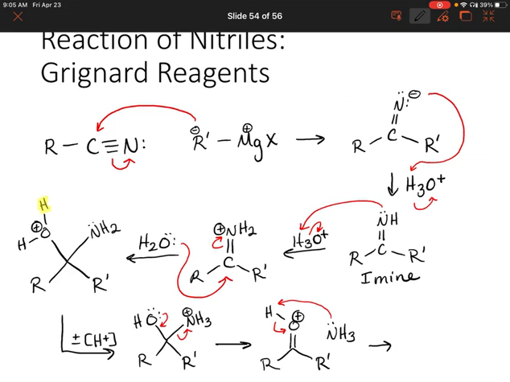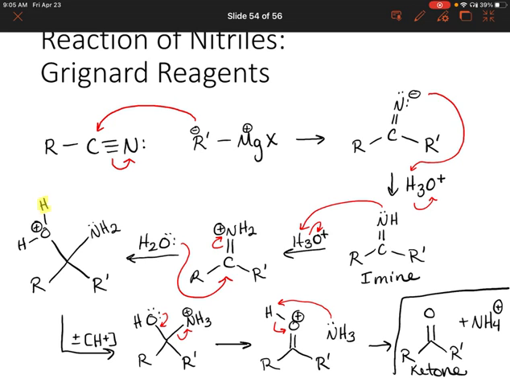And we form a ketone and the ammonium ion. Okay, so if you need a ketone and you have a nitrile handy, you can perform this reaction with a Grignard reagent.